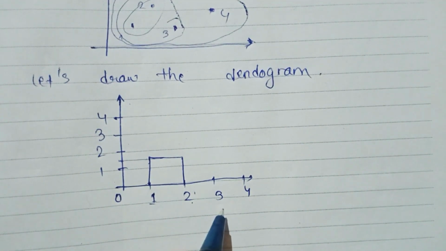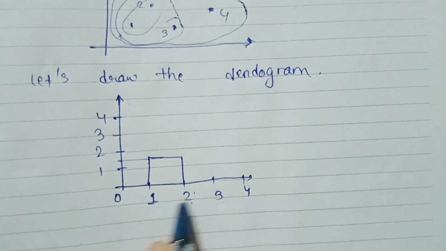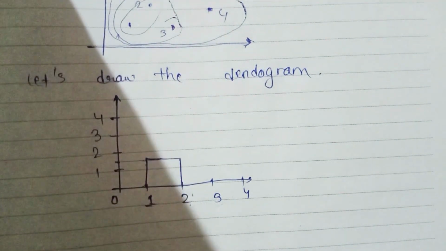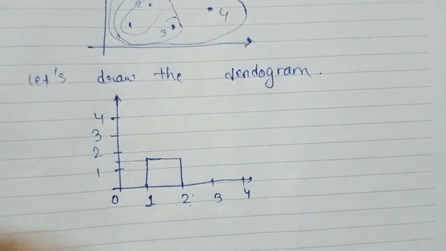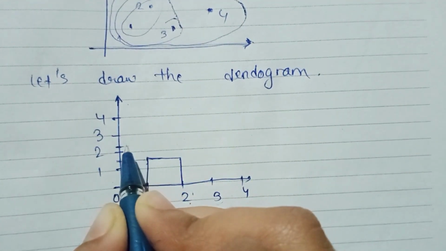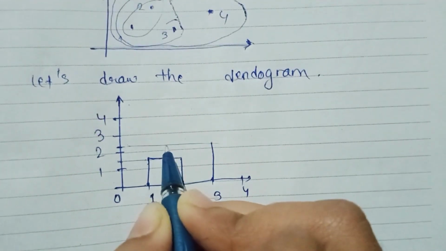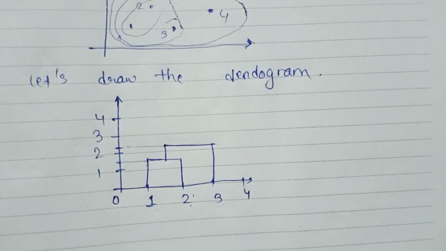Again, our next cluster was with 3, 1 2 with 3, right? And the minimum value was 2.2. Yes, 2.2 was the minimum value. So it will be around here, like this, and we will just make it.